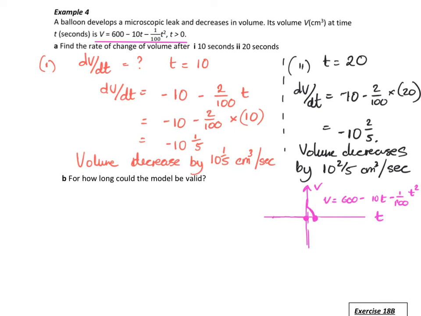Obviously they are intercepts. So how do we find intercepts? Well, to find t-intercepts or x-intercepts, we let y equal 0. So here, the t-intercepts, we're going to let V equal to 0. So let's let our equation equal 0. 600 minus 10t minus 1/100 t squared is equal to 0. Now, not overly nice.